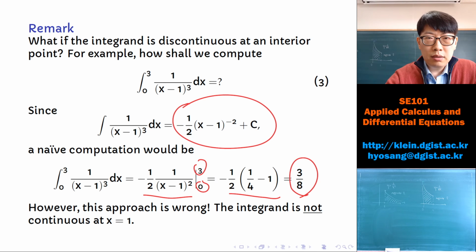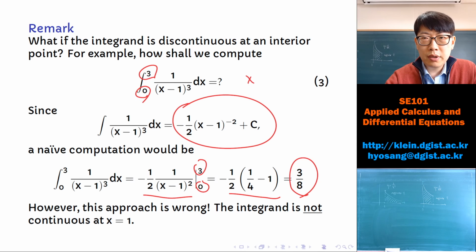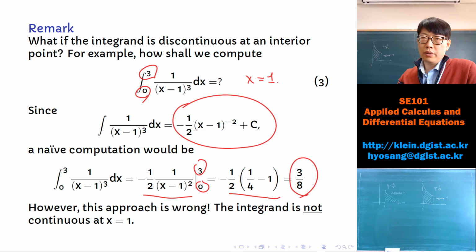Because in the domain of 0 to 3, you have this discontinuity point, x equals 1, of this function. When x is 1, the denominator becomes 0, so this function diverges. So this is not a definite integral.